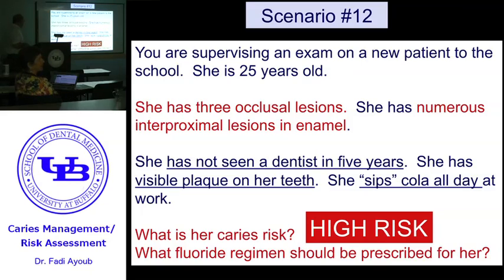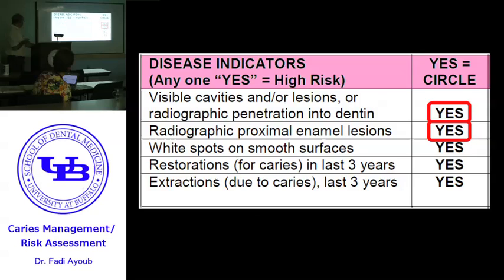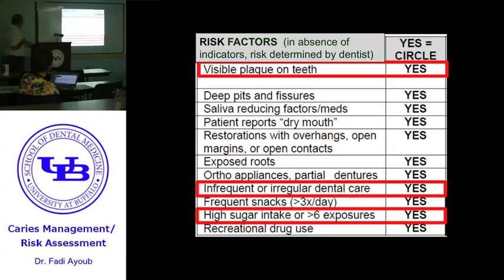That's true. So it is high risk, the first girl, the 25 years old, because she hasn't been seen in 5 years, visible plaque, sips cola all day, and in our CRA sheet, you can see visible cavities or lesion, yes. Radiographic proximal lesion, yes. And then plaque, yes.